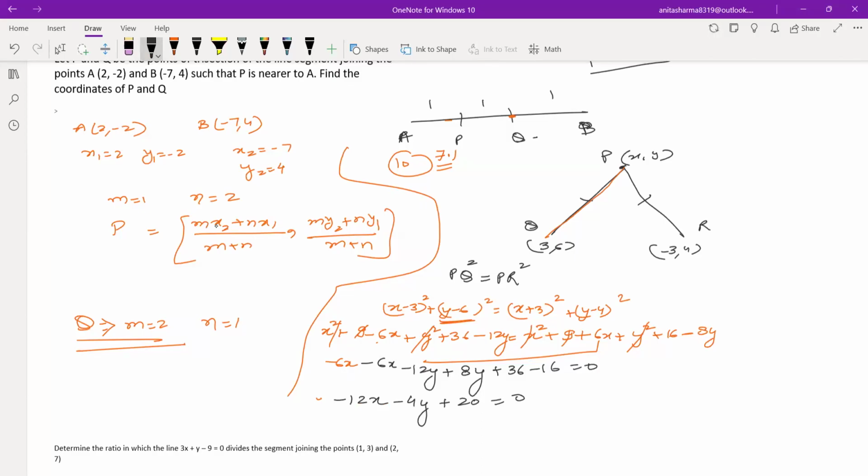Now you can divide this whole equation by minus 4. Then you will get 3x plus y minus 5 is equal to 0. This is the answer, beta, because we have to find the relation, not the value. Fine? All have understood, children? Yes, ma'am.